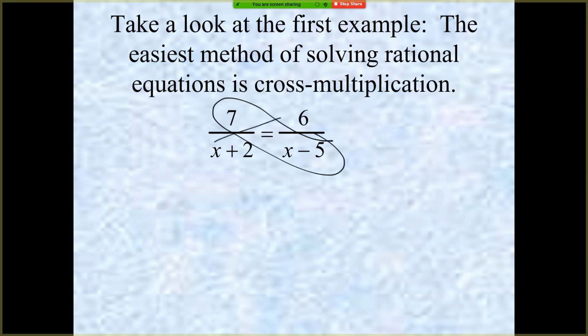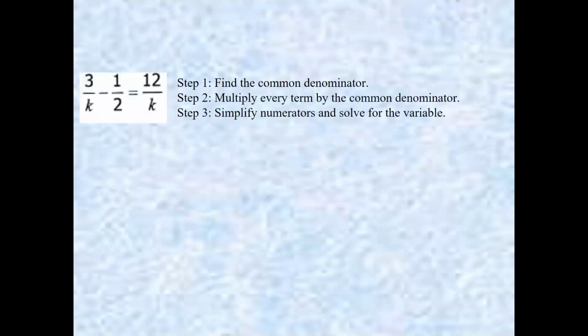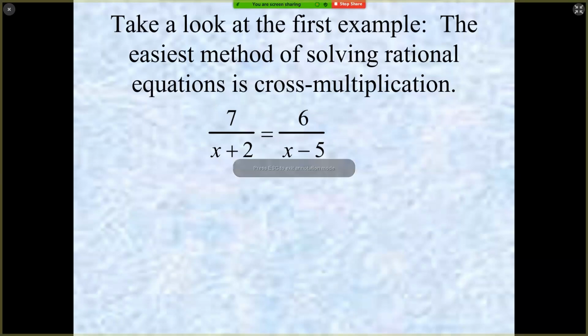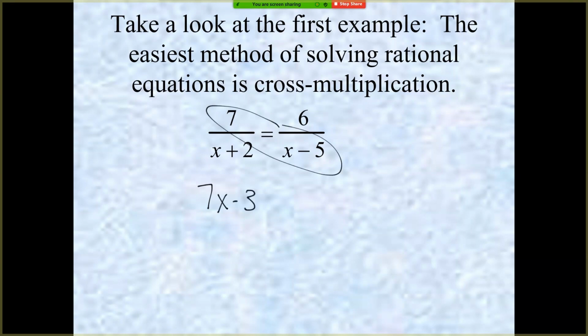And then I would multiply these terms together. So I would take the 6 and I would multiply it by the x, I would multiply it by the 2. I would take the 7, I would multiply it by the x and multiply it by the minus 5. So when I do that, 7 times x is 7x. 7 times negative 5 is negative 35.